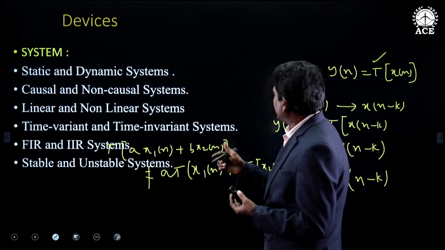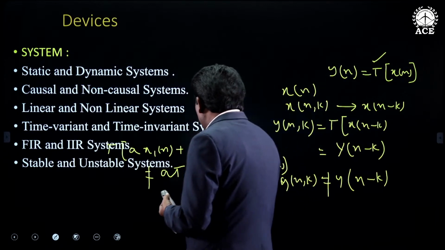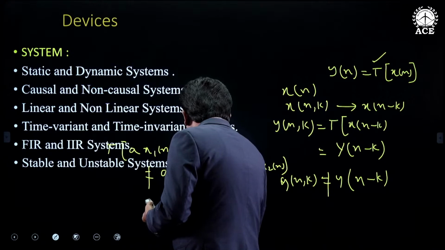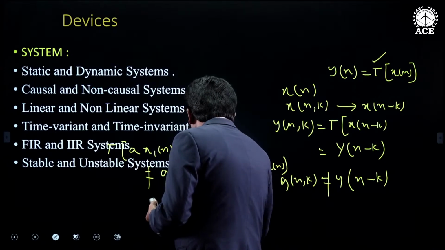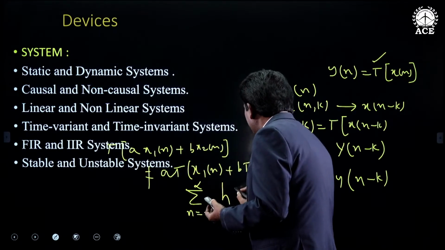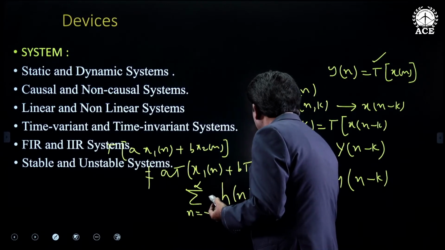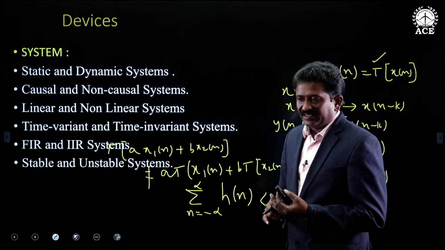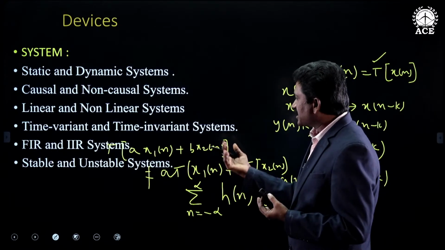Our definition gives the condition for stability: summation n equal to minus infinity to plus infinity of the magnitude of h of n is less than infinity. This is the condition for stability. In the same way you can write for unstable also.